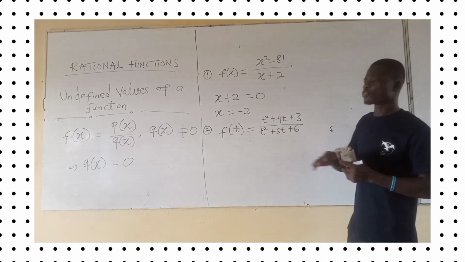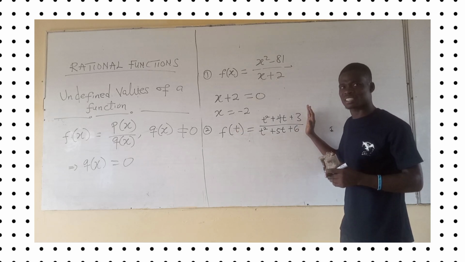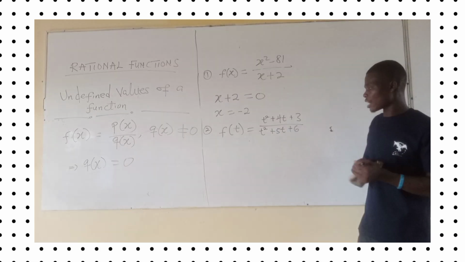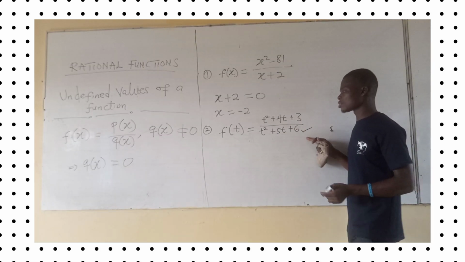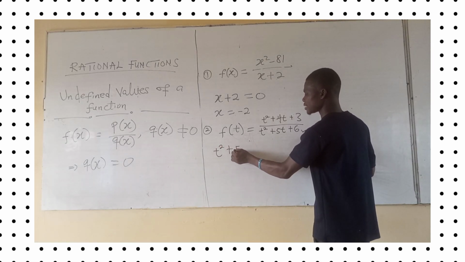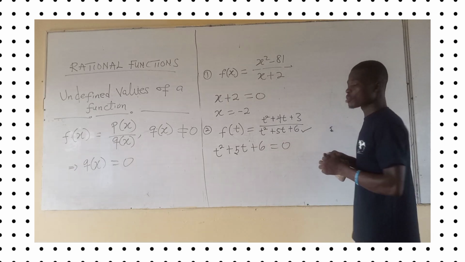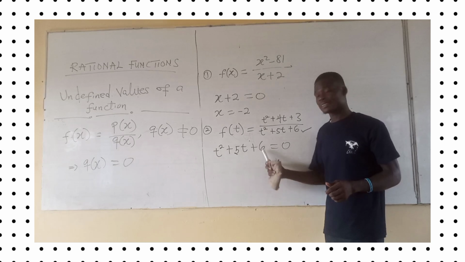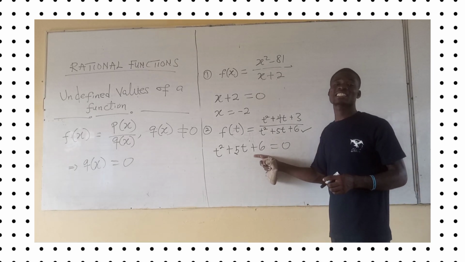So to check for the undefined values, set the denominator to 0. When we set the denominator to 0, we are going to get t squared plus 5t plus 6 equal to 0. Then it has become a quadratic equation.